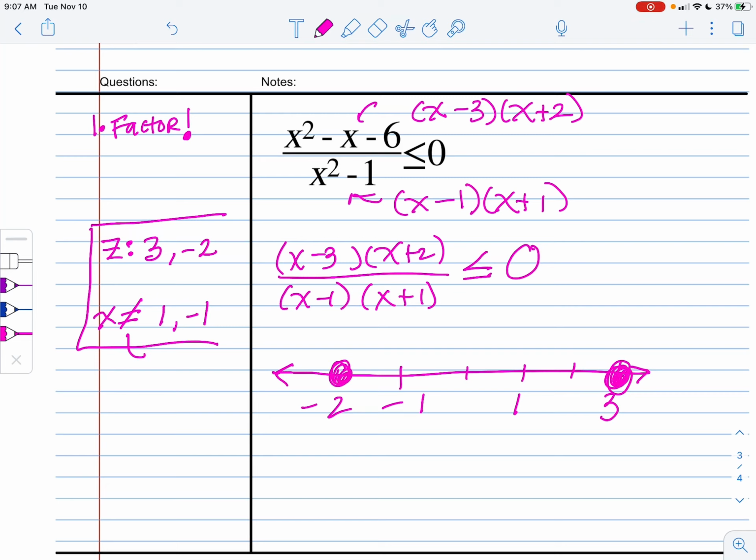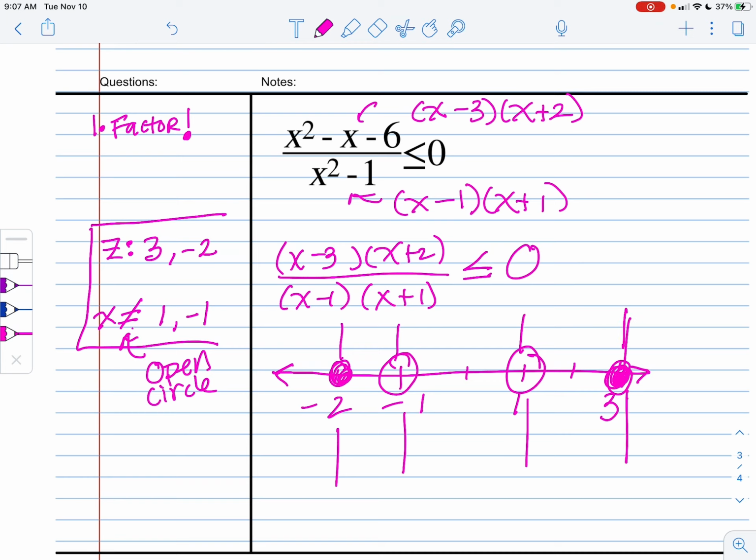Okay? But these have to be open circles. So, because if I was equal to, look at, I wrote it here, x cannot be equal to 1 or negative 1. So I cannot have a closed circle here. Even though it's asking me, I can't put negative 1 in. That would be very bad. Okay, that would send my denominator to 0.